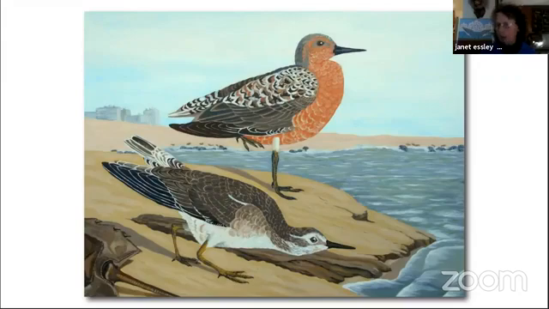Now, their eggs are also sources of food for turtles and a variety of fish and other beings around the littoral zone of the ocean. So they are a keystone species for many, many beings besides red knots that live along our shores.